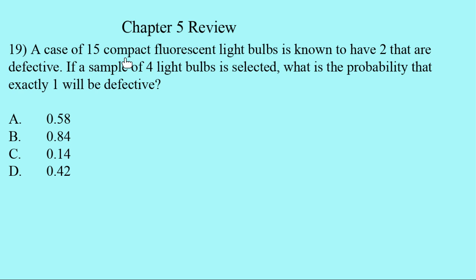19. A case of 15 compact fluorescent light bulbs is known to have 2 that are defective. If a sample of 4 light bulbs is selected, what is the probability that exactly 1 will be defective? So if you can try to figure that one out.